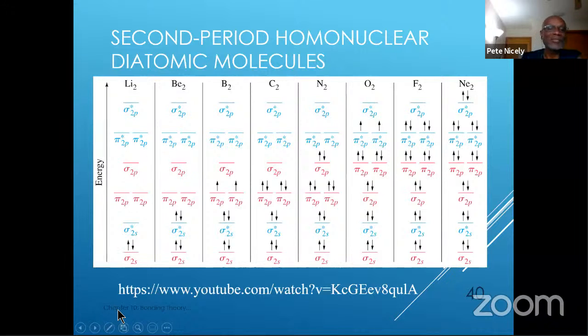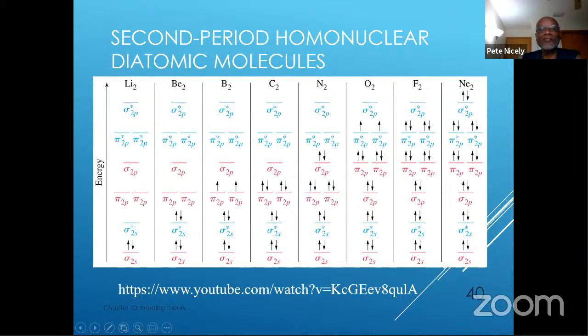Well, before I even go into that, let me just point out to you the order of energies of the different orbitals. So the lowest orbital here will be sigma 2s. Then you have sigma anti-bonding 2s. Then you have pi 2p's, there are 2 of them, which are both bonding. Then you have the sigma bonding. Then you have the pi 2p's, 2 of them anti-bonding. And here you have the sigma anti-bonding.